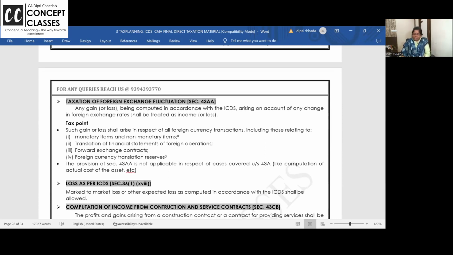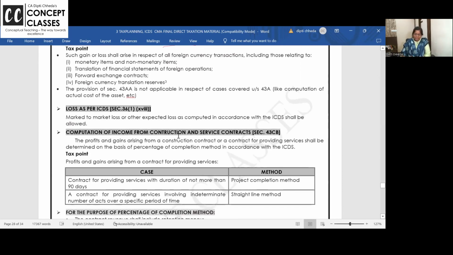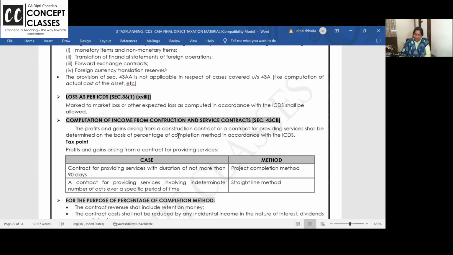Any gain being computed in accordance with ICDS on account of foreign exchange shall be treated as income, and if there is loss, it should be transferred to the P&L account. That's the gist. Loss as per ICDS, mark to market loss or expected loss as computed in accordance with the ICDS shall be allowed. Some losses are allowed, mark to market loss, that is cost or NRV, wherever required.